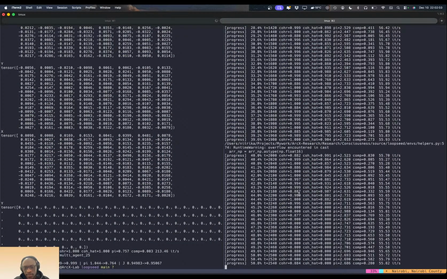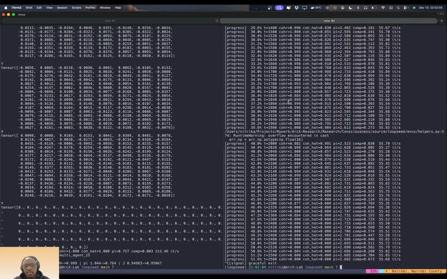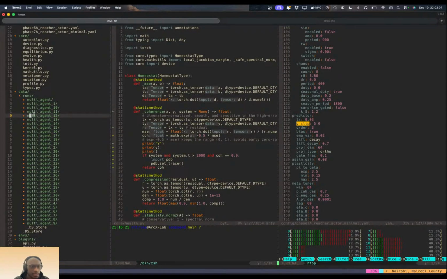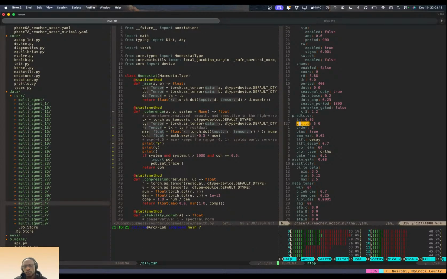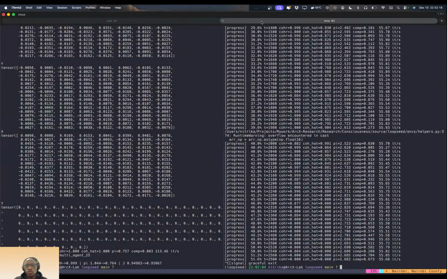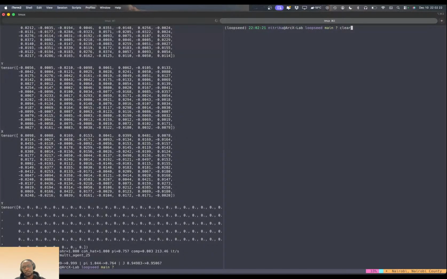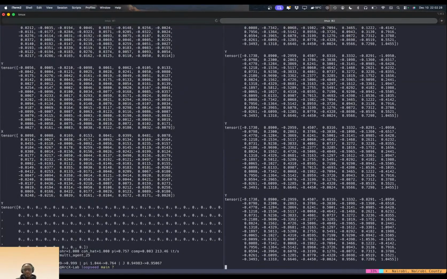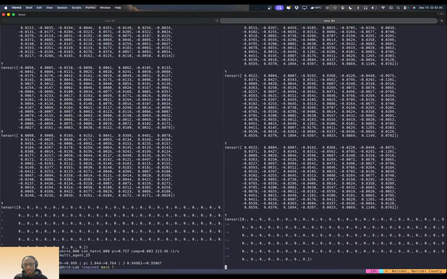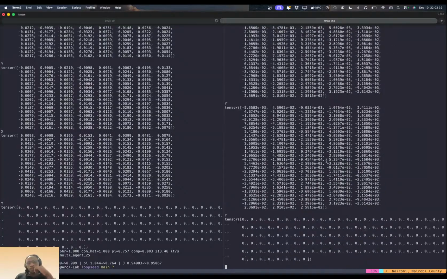I want to stop this training. All right, so train again. We want to see what y looks like. It should always be within that range. So the model will still learn, hopefully.